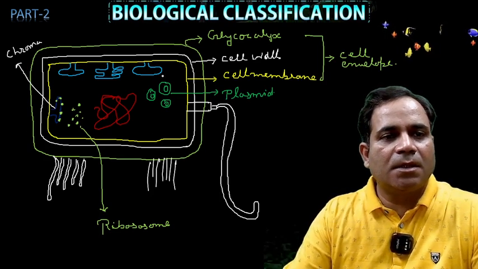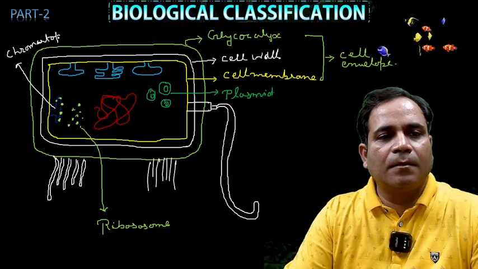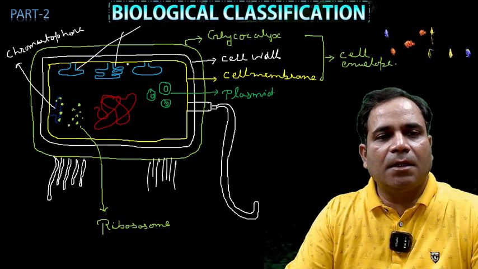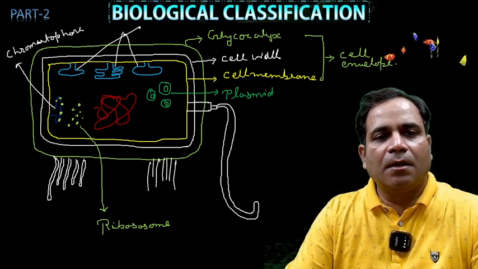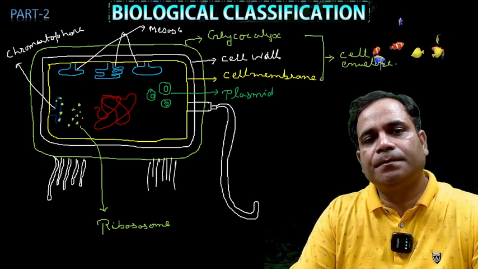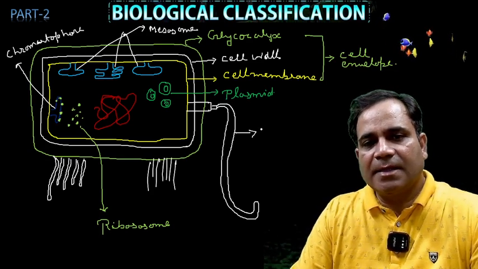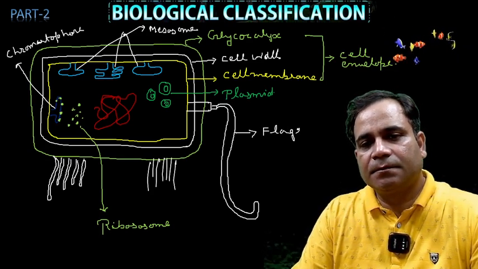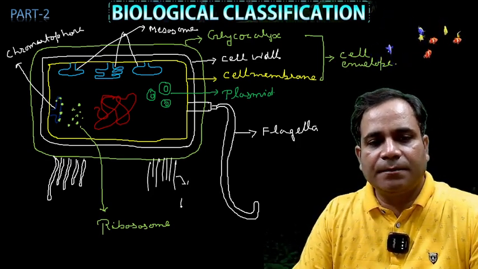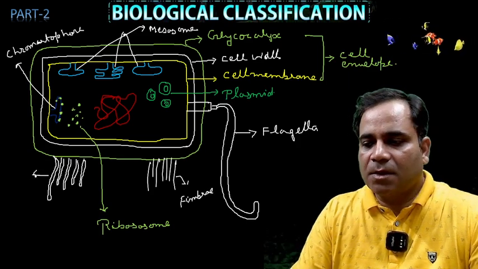These are called mesosome. This one is flagella. This is called fimbriae, and this one is called pili.